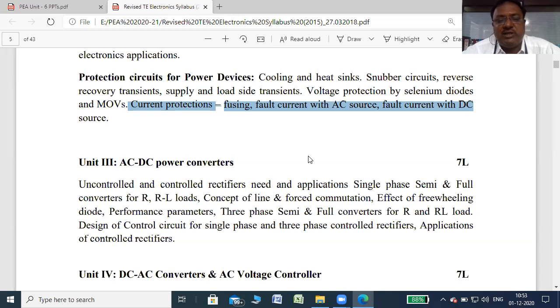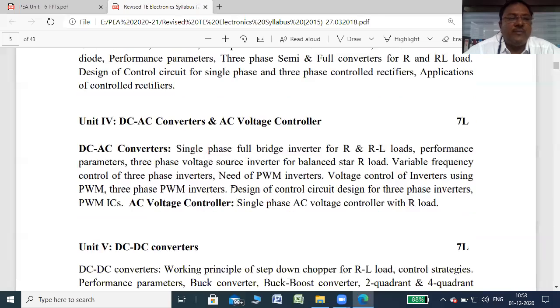Then the concept of line and force commutation, means what? Effect of freewheeling diode, performance parameters, then three-phase semi and full converter for R load, RL load, design of control circuit for single phase and three-phase control rectifier and applications of control rectifiers.